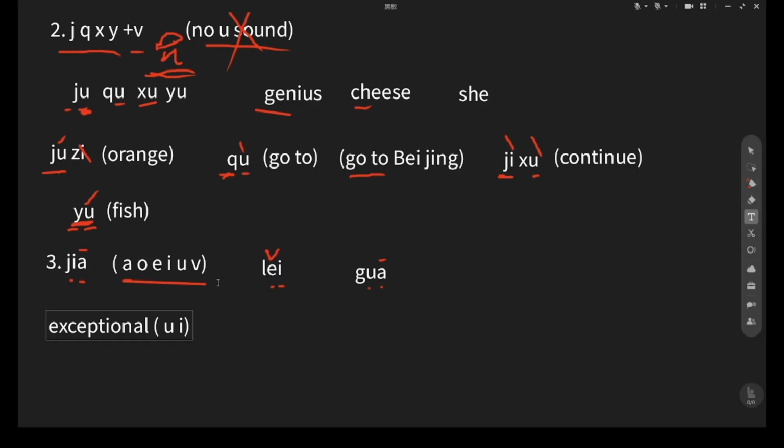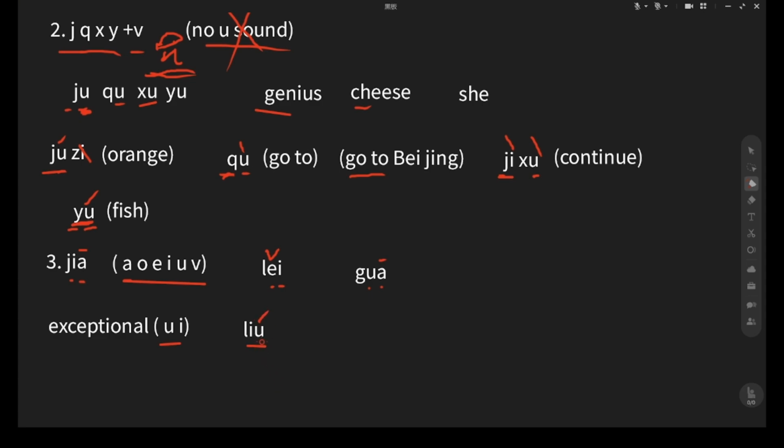We don't follow this order, we mark the tone on the last one. For example, I want to mark the second tone, so on which one? We mark the tone on the last one. If there are only these two vowels, mark on the last one. So this is the last one. So second tone.